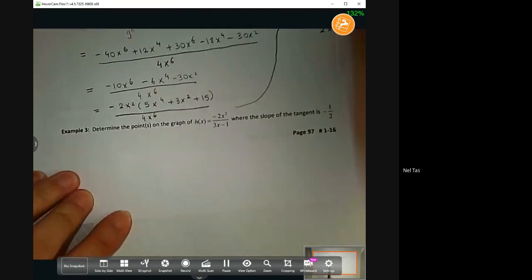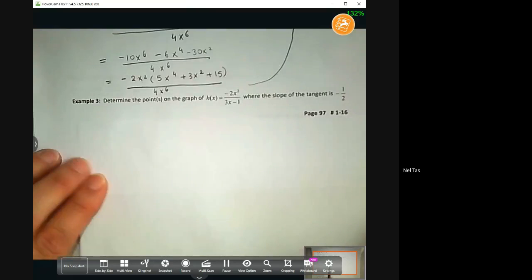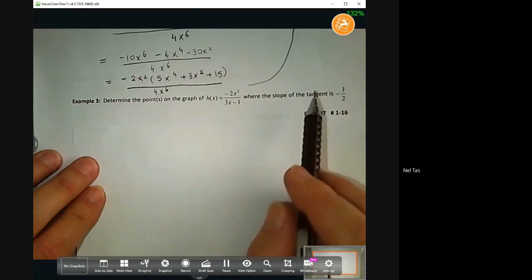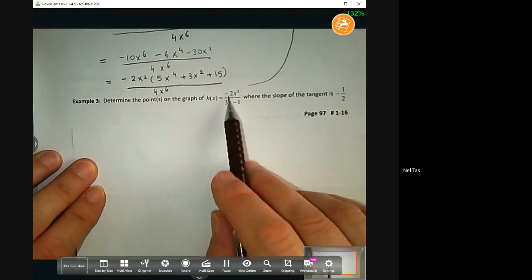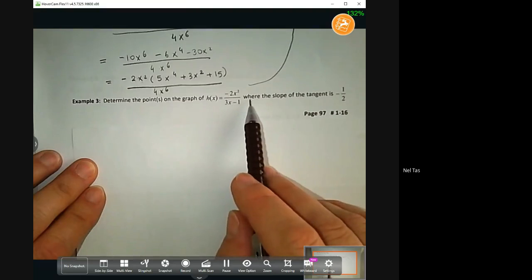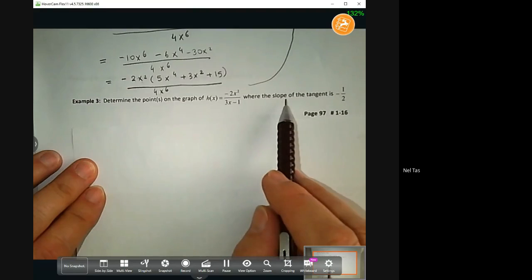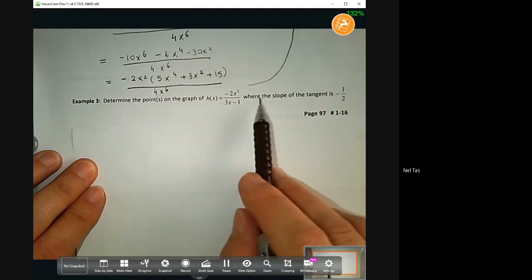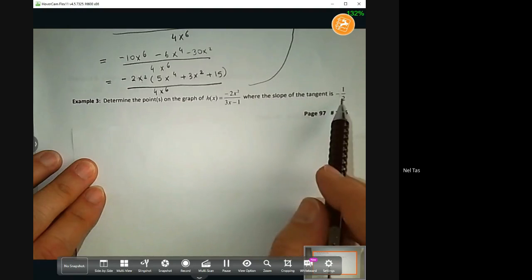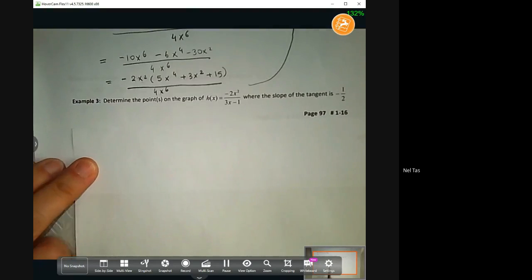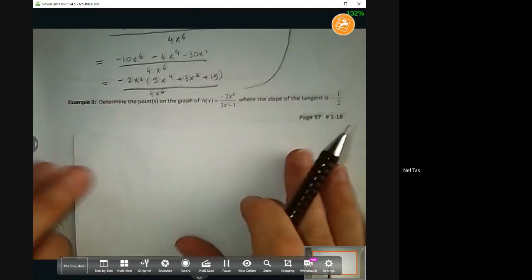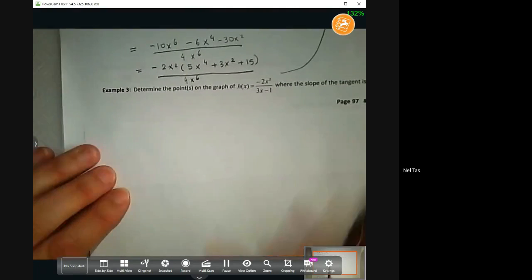So of course, to be able to solve that, we need to take the derivative and make it equal to this negative 1 over 2, right? So the derivative of this function, again, is the formula for the slopes of all the tangents. So we need to make that formula, which is the derivative, equal to negative 1 over 2 to find the x values of those points.